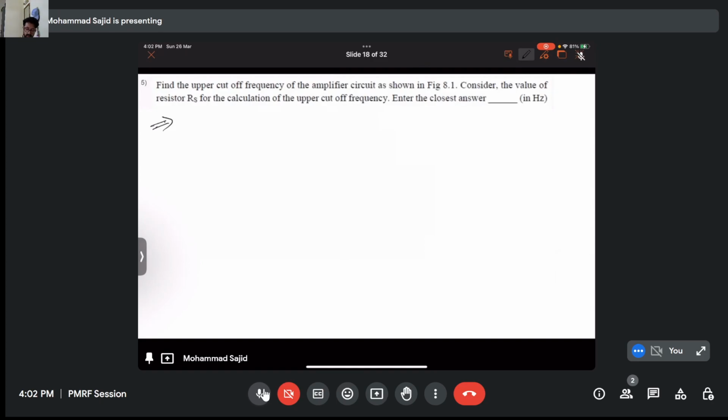Now, following the part, we have to calculate the cutoff frequencies. So, as I said, for lower cutoff, look for input capacitance.